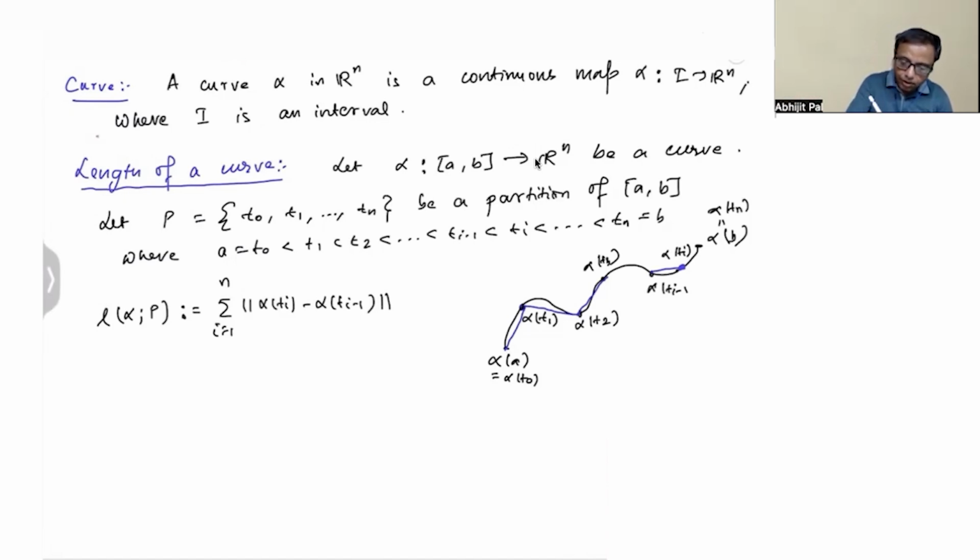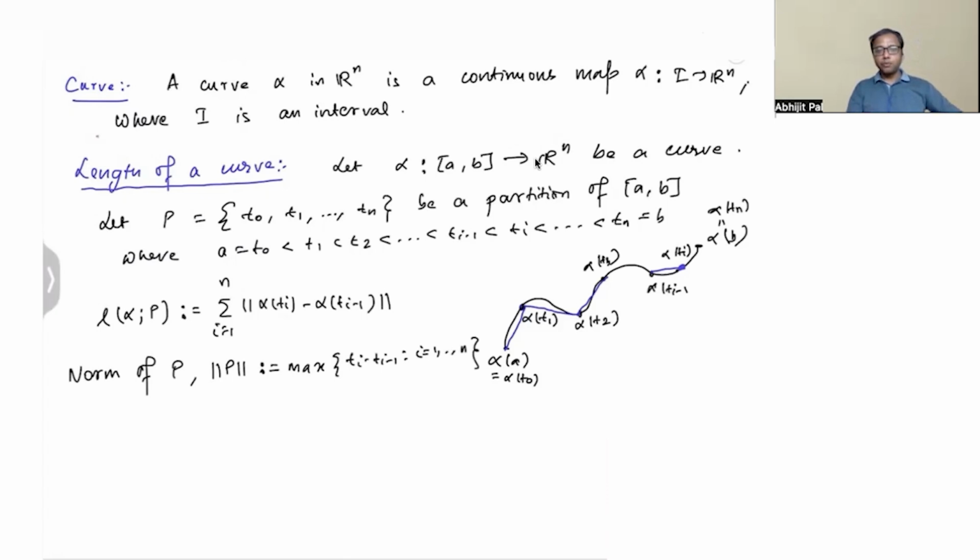Now let me define what we mean by the norm of P. The norm of this partition P is defined to be the maximum of Ti minus Ti minus 1, where i varies from 1 to n.